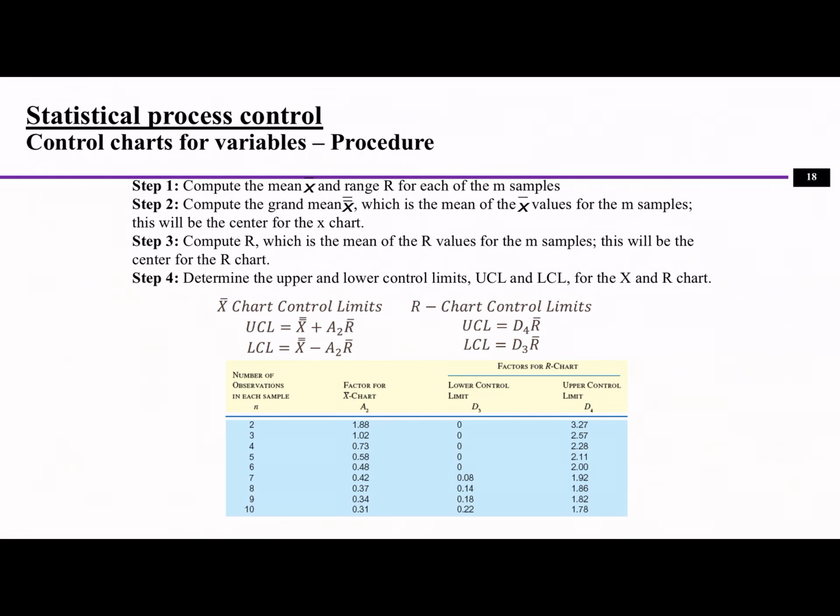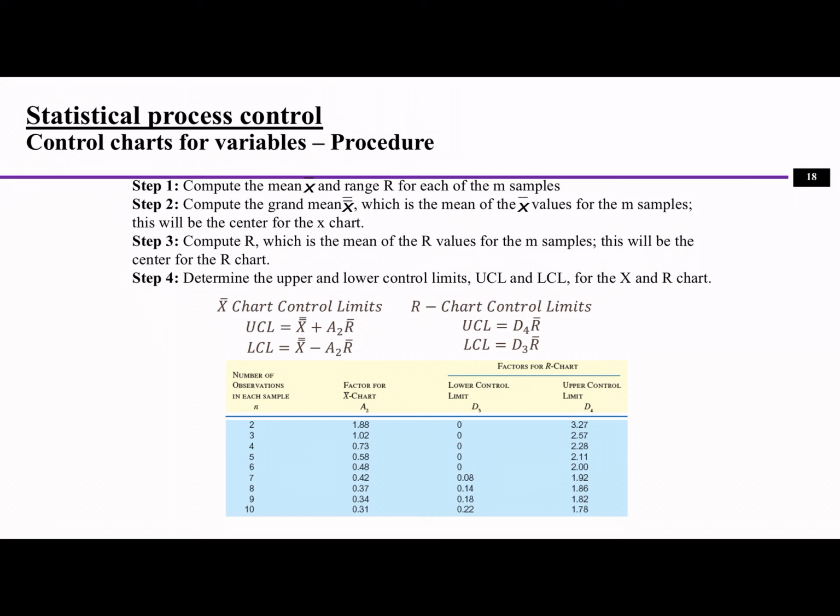All right. Now if I know the grand mean, and I also know the ranges from the samples, then how do I determine the upper control limit and lower control limit of the X bar chart, and the same for the R chart? Actually, there's a table you can use to determine those limits.